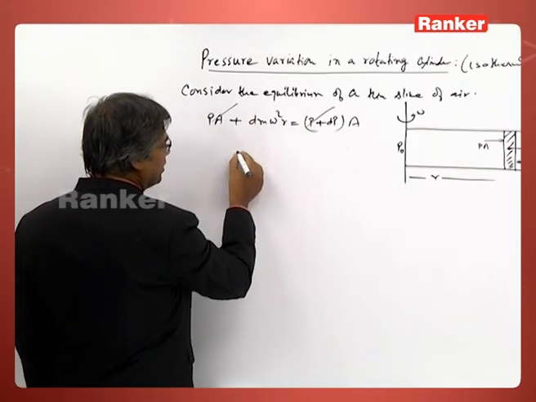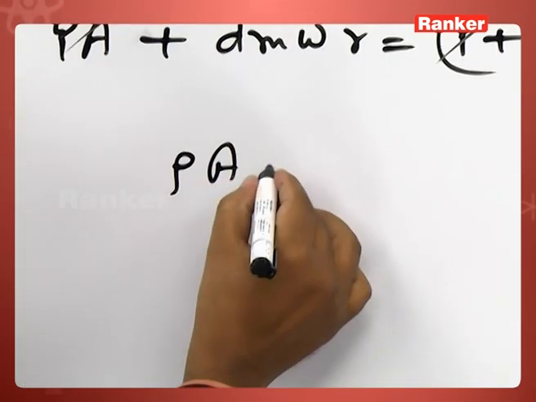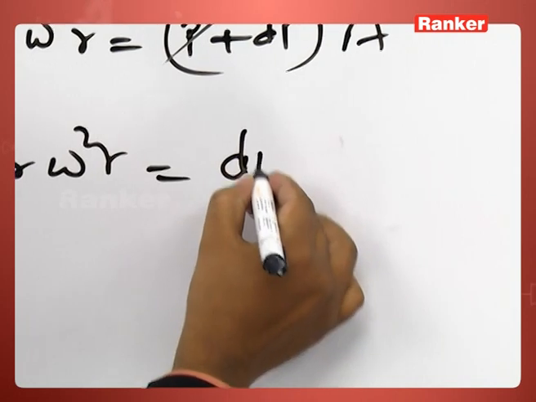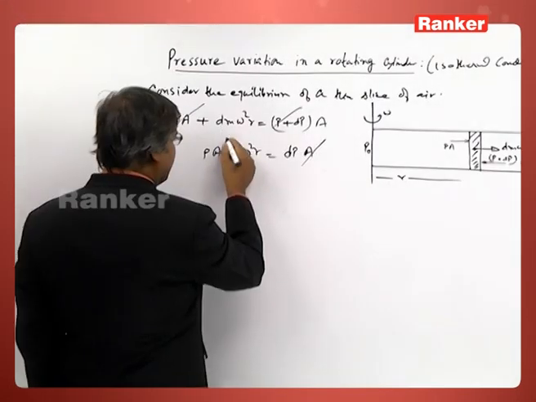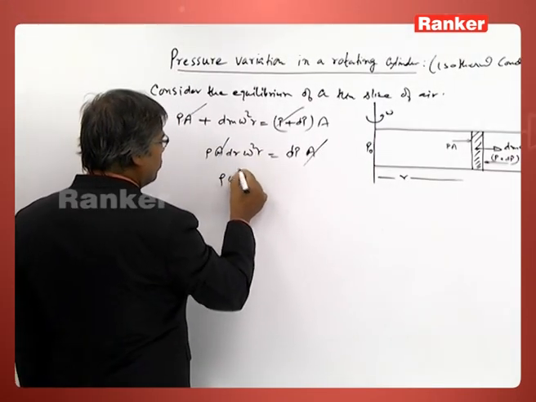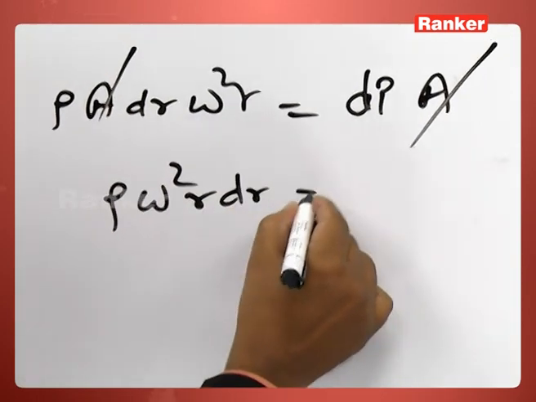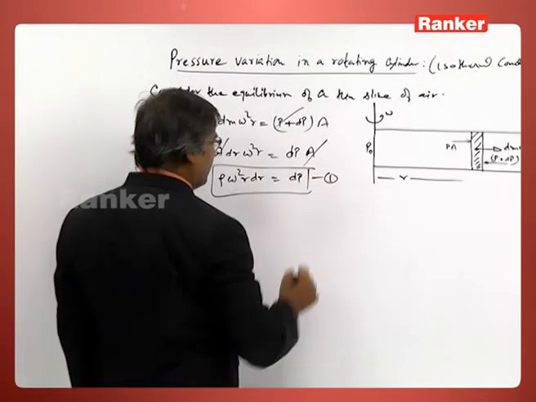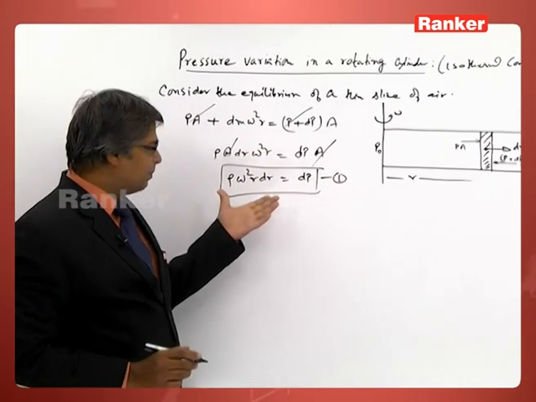The mass dm is equal to rho A dr, so rho A dr omega square r is dP into A. Again A cancels. So rho omega square r dr is equal to dP. This is relation number 1.